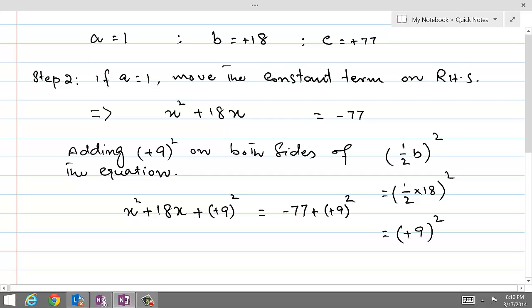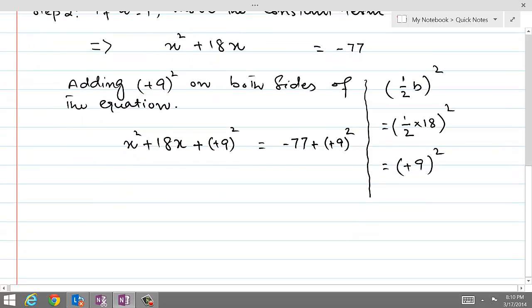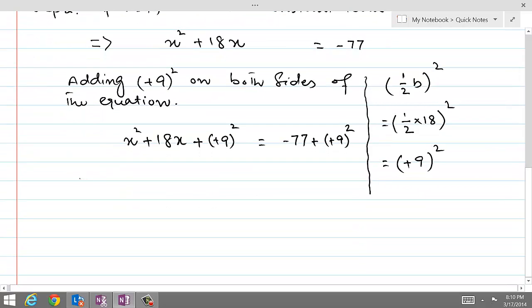So this is what we get once we add 1 by 2 b whole square on both sides of the equation. Now, if we have done this successfully, what we have on the left hand side is in fact the complete square of x, including the sign, plus 9 whole square. Remember, these are the two terms, this term and this term.